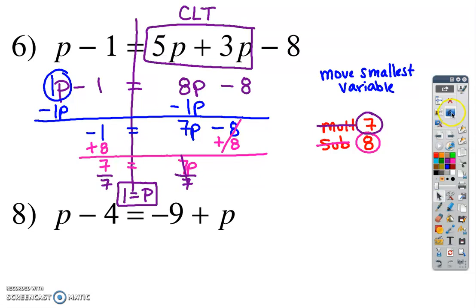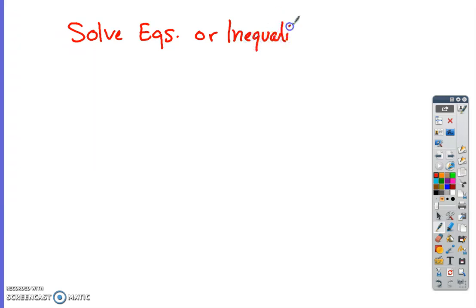So let's look again at the steps that you need in order to solve equations, okay? And try to go in this order whenever you're doing it. So when you solve equations or inequalities, these are the steps that you need to be looking for.